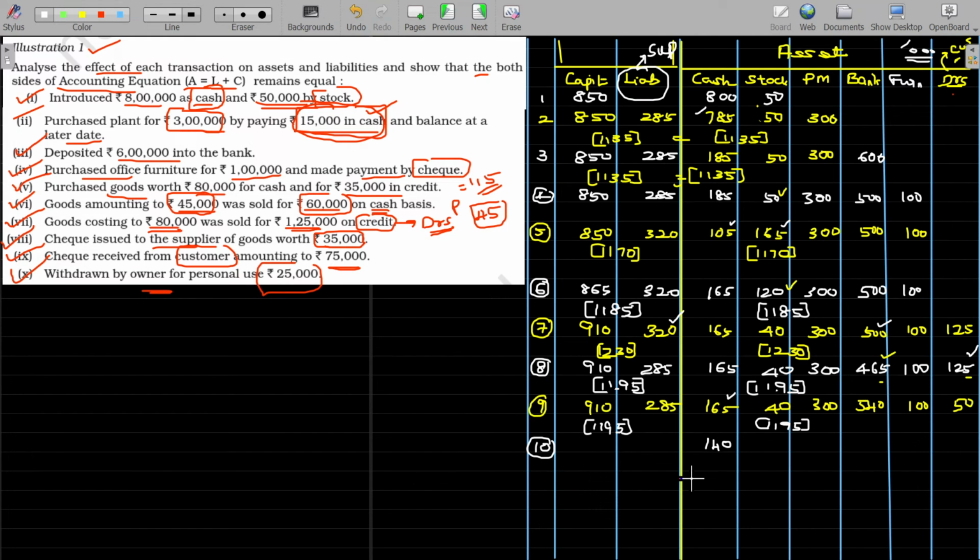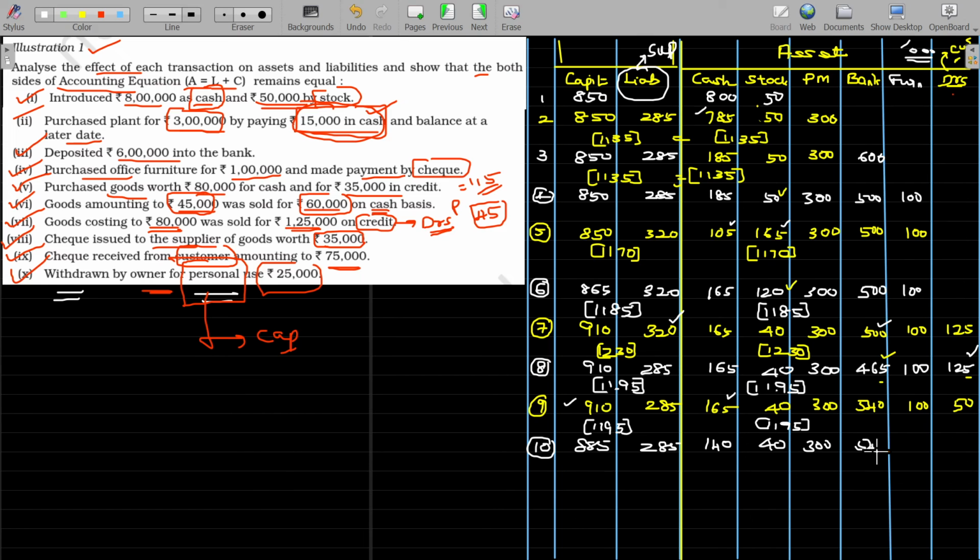Who has taken this money? Whenever I use the word drawings for personal use, it is nothing but the amount taken by the owner. Amount taken by the owner should be adjusted only in the capital account. So I have to subtract from the capital balance. The capital balance is already 910. From there 25 is subtracted. After subtracting, the balance is 885. Leaving that, other accounts remain the same, so I just copy down the other values as they are without any additional adjustments.